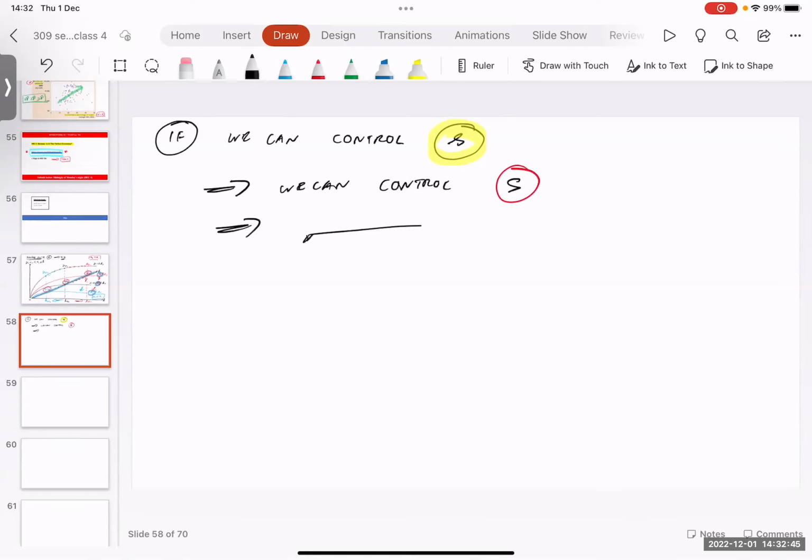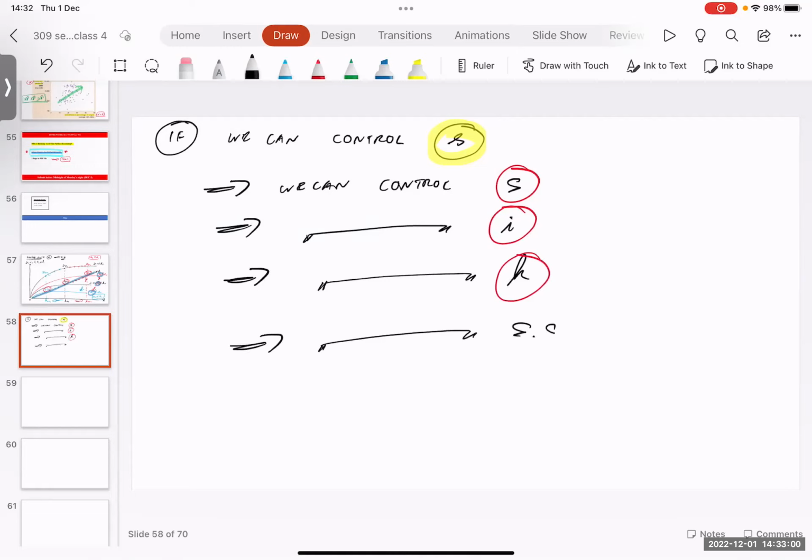Then we can control investment. Investment is about buying new capital, right? That means we can control capital per worker, and in the end, we can control the steady state point. So the steady state point can move up and down on the capital depreciation curve.